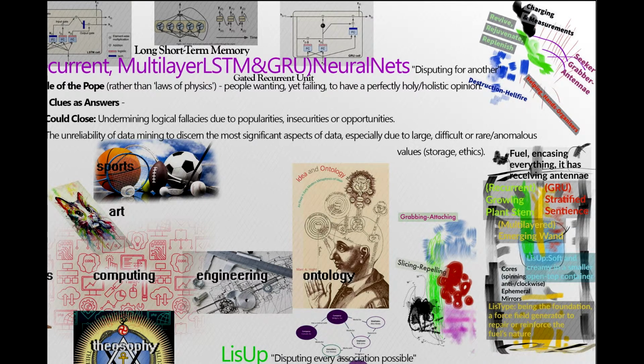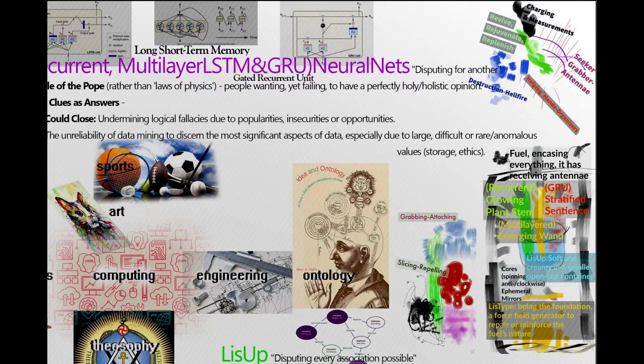The Listype, what alters it, like I said, and cause ephemeral mirrors. Again, it's this reference in the randomness, the anti-clockwise and clockwise spinning. Obviously, it's that 360 variation.